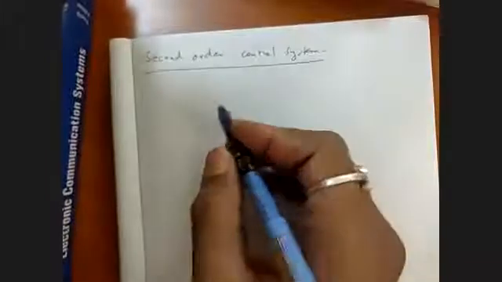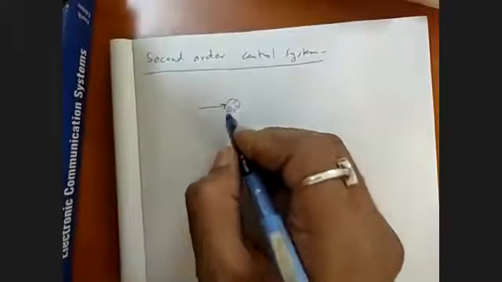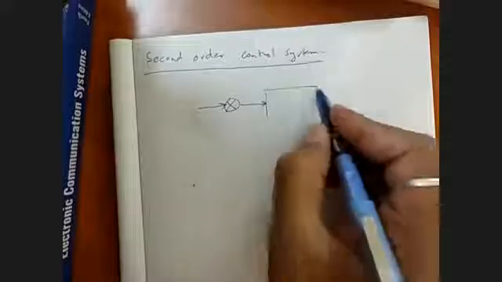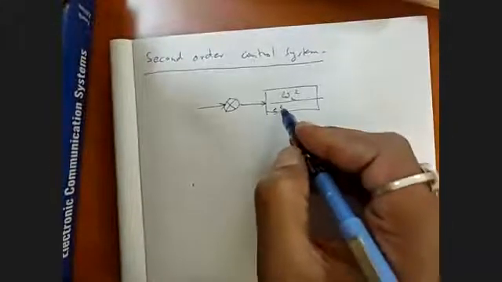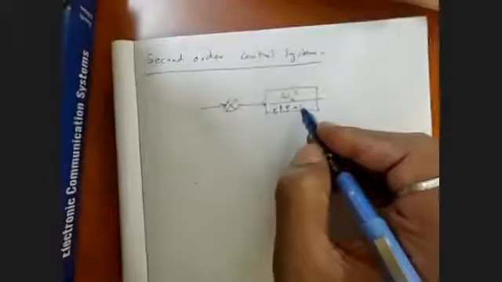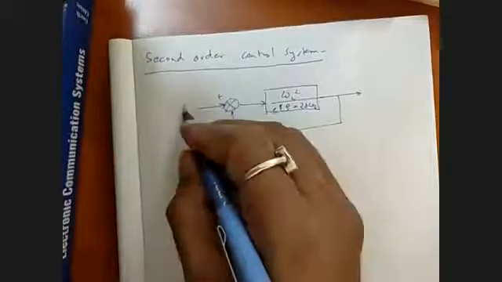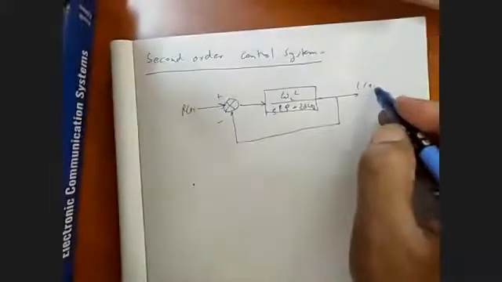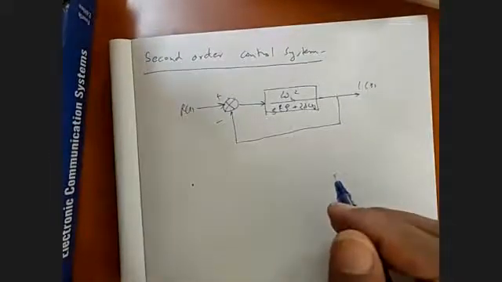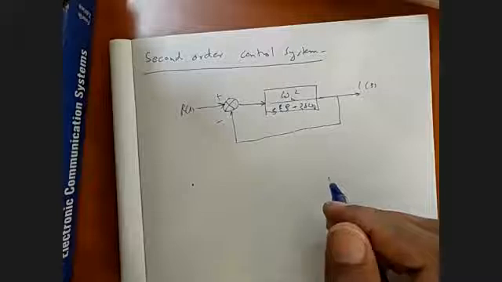Today we will be discussing the response of the second order control system. We have started it. If you remember the second order control system, this is the standard form.